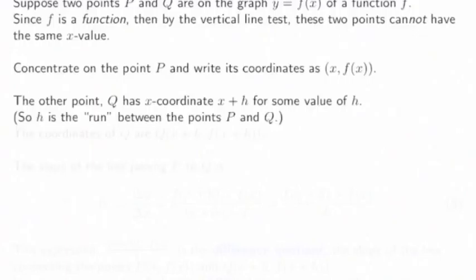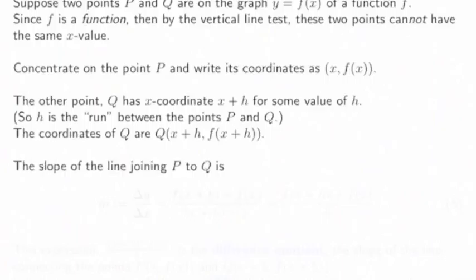In other words, h is going to be the run between the points P and Q. The point P has x value x. The point Q has x value x plus h. So the coordinates of Q are x plus h, and the y value is simply f of x plus h.